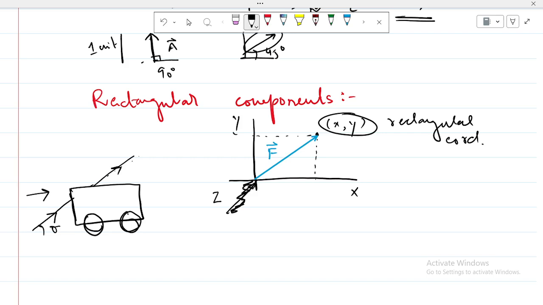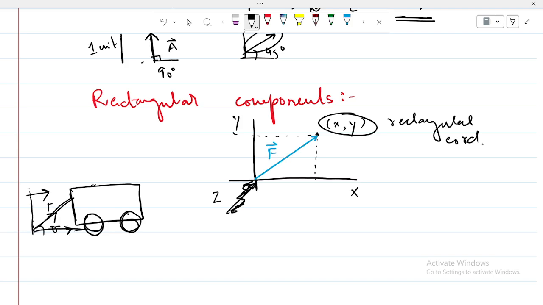The easiest way to deal with such a case is actually to first of all break this kind of force into the two components that it has. For example, इस वेक्टर को अगर हम देखें यहाँ पे, तो it has two mutually perpendicular directions जिससे हम इसको ब्रेक कर सकते हैं. एक upwards direction और एक rightwards direction.